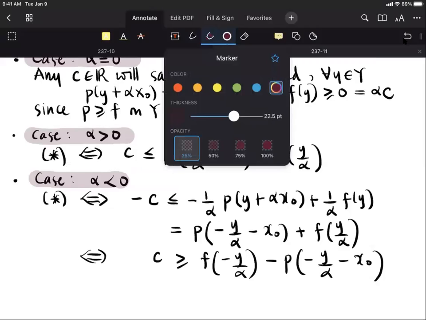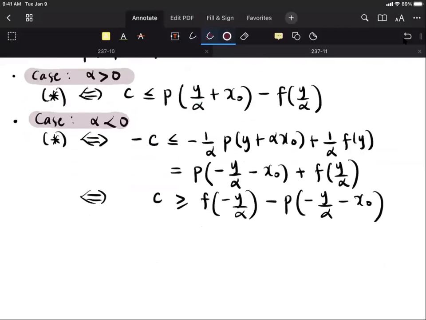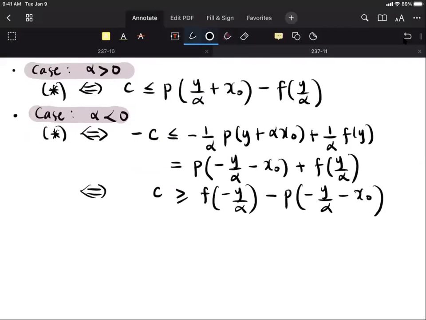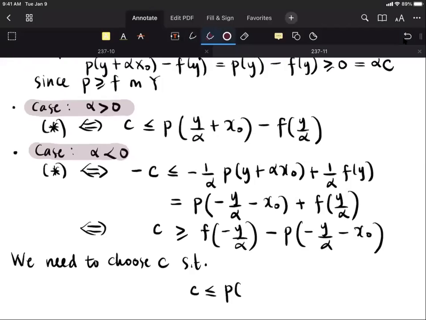Okay, so based on this discussion, take note that we need to choose C such that, okay, C is less than or equal to P times. So this is a generic element.